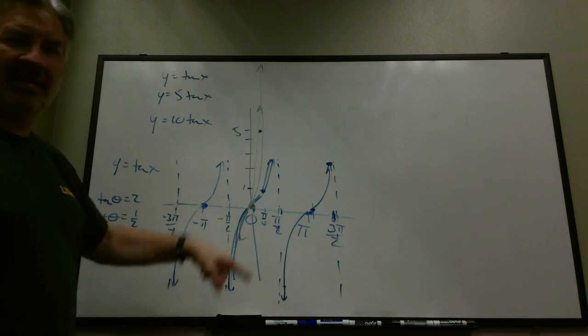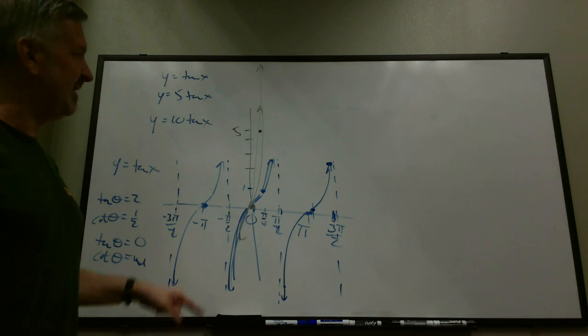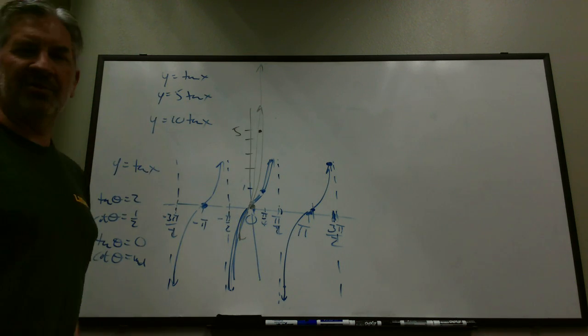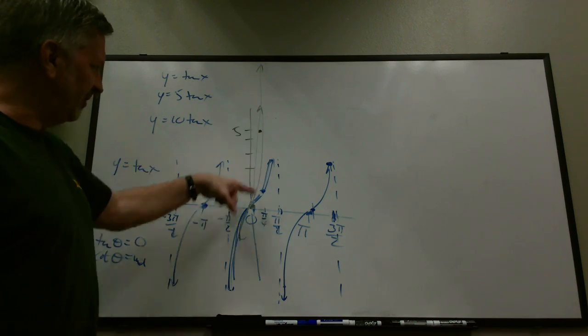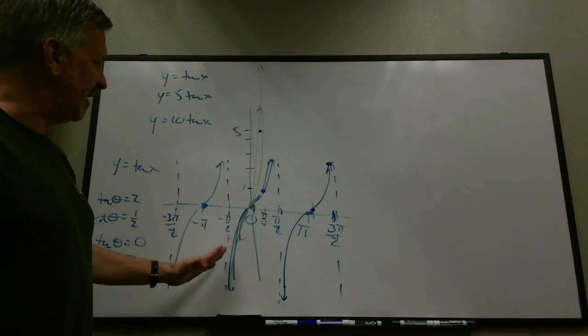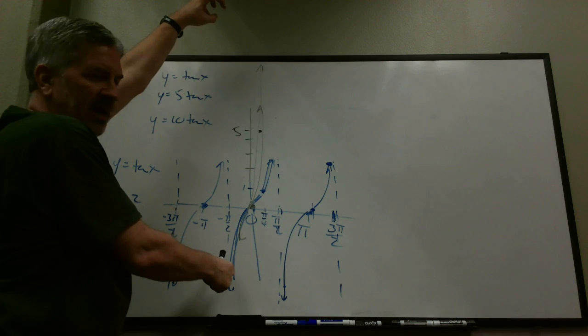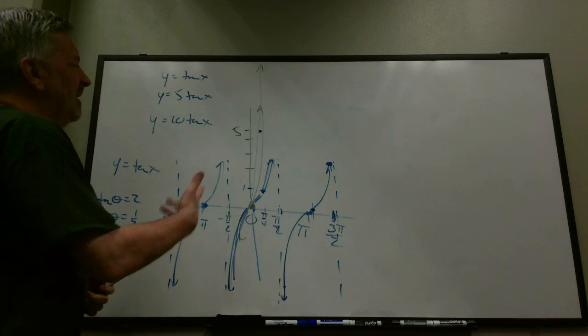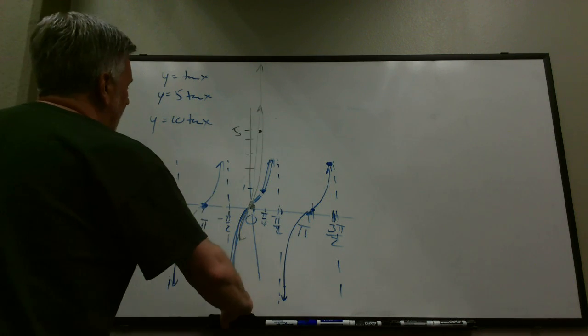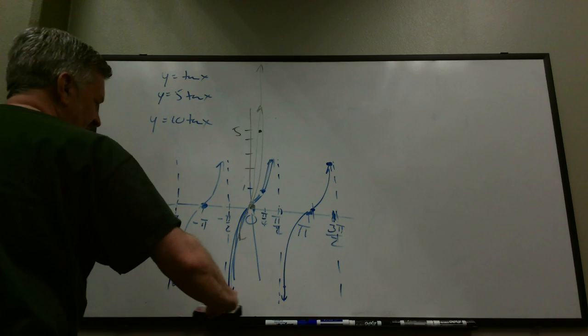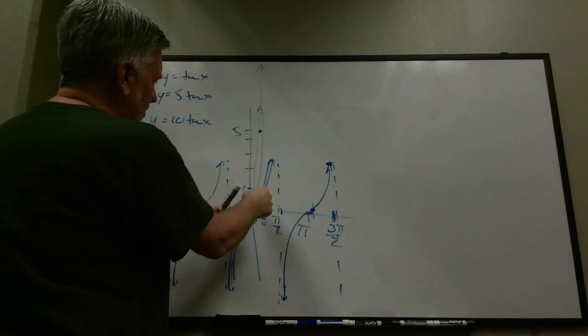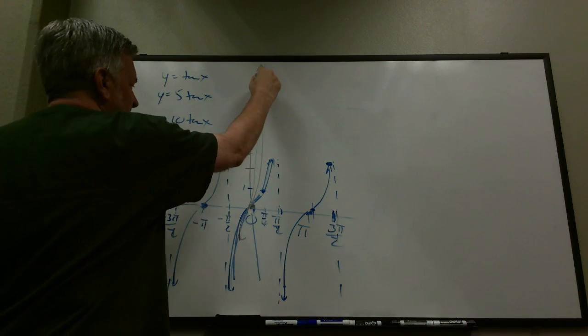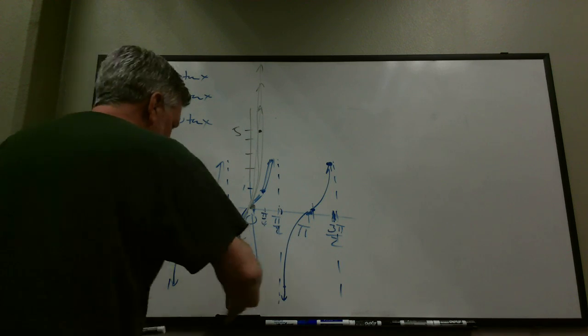That's hard to indicate here, so I'm not going to do any examples with the coefficients here except for plus or minus 1, just because it's hard to draw. It's going to be one of these branches, one of these noodles. It's just going to be stretched. So it's hard to indicate on a graph. If you had a 5 or a 10, you just make it steeper. Okay, let's do some examples.